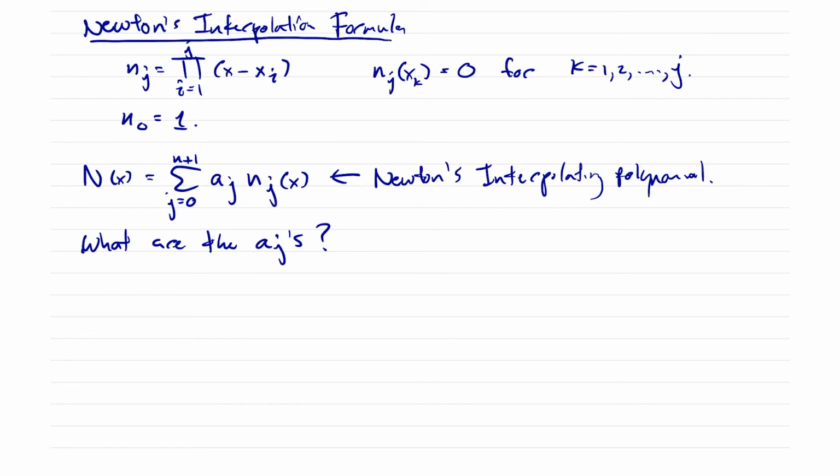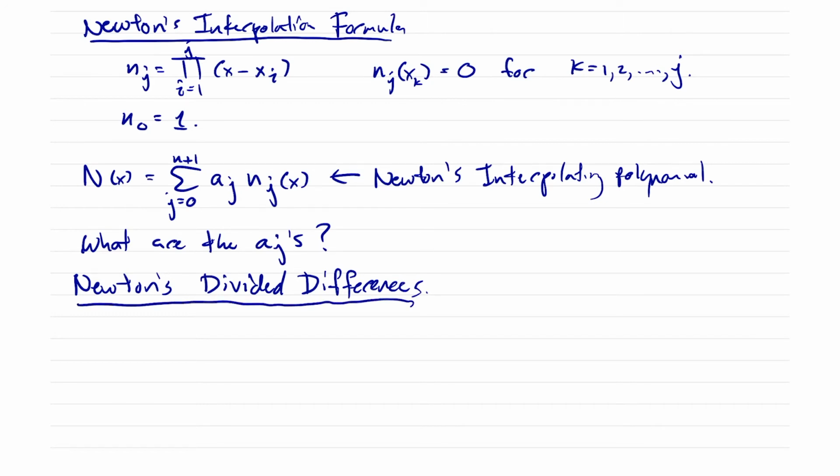Okay, this is going to lead us into what are called Newton's divided differences. It's not too hard to derive what aj has to be. And we just use the fact that basically for any xi, most of the Nj's are going to be 0.